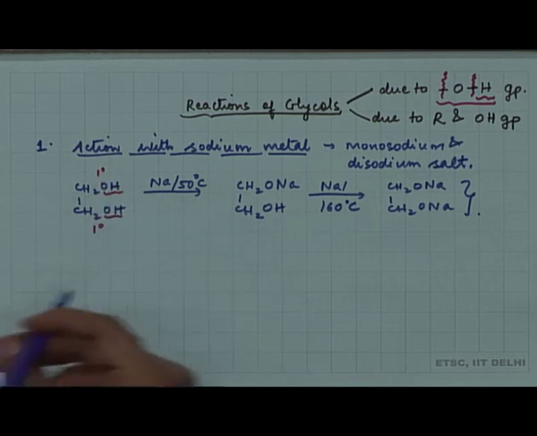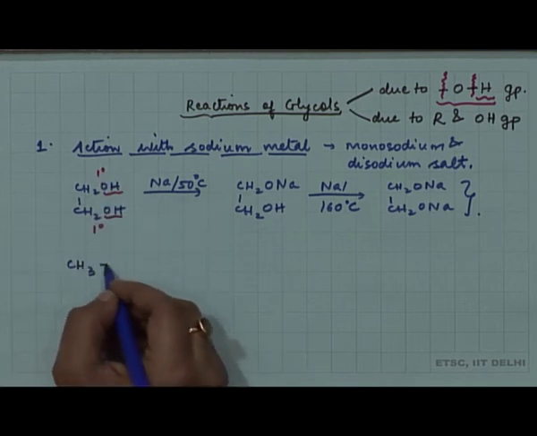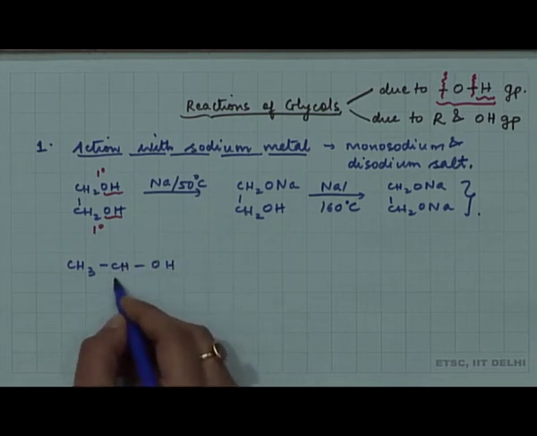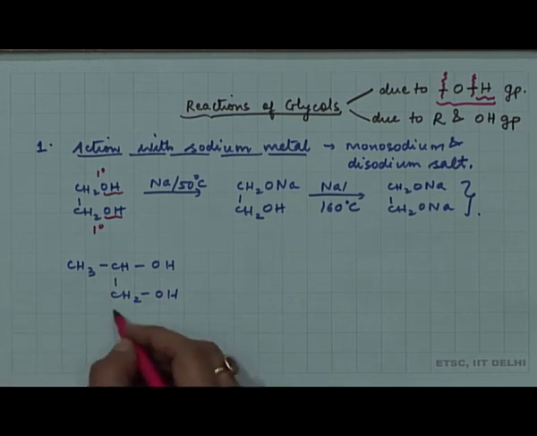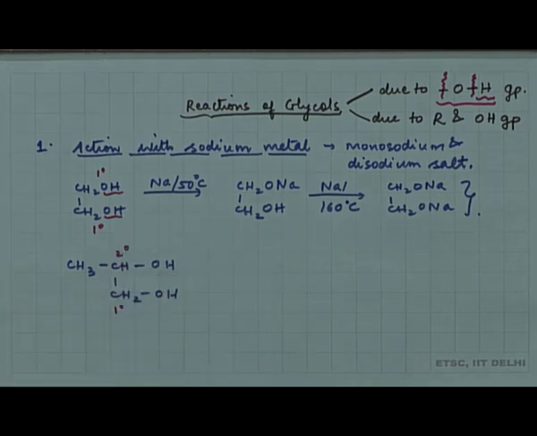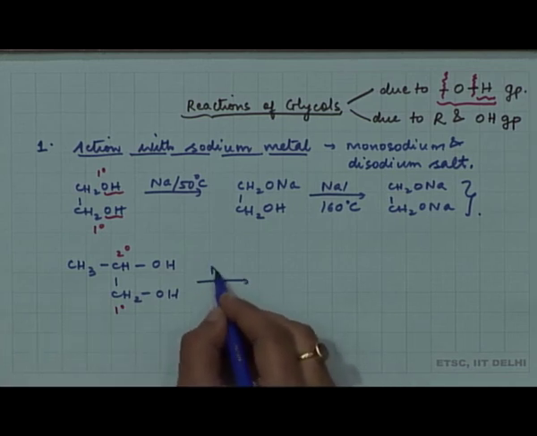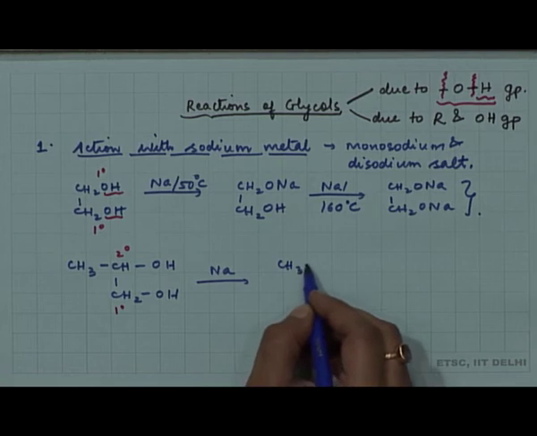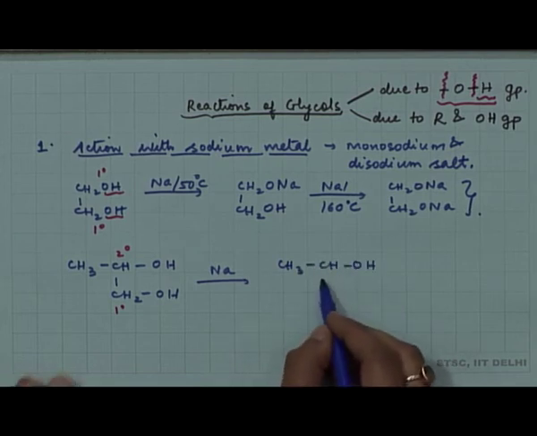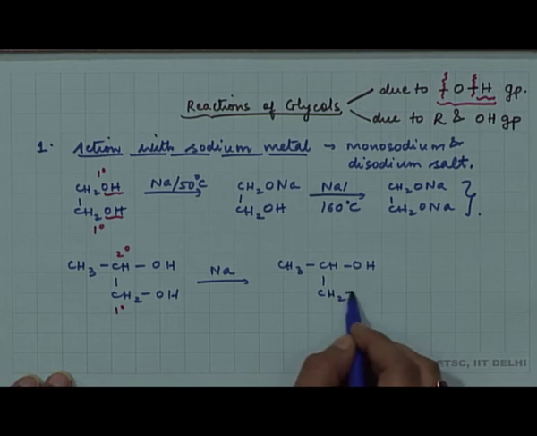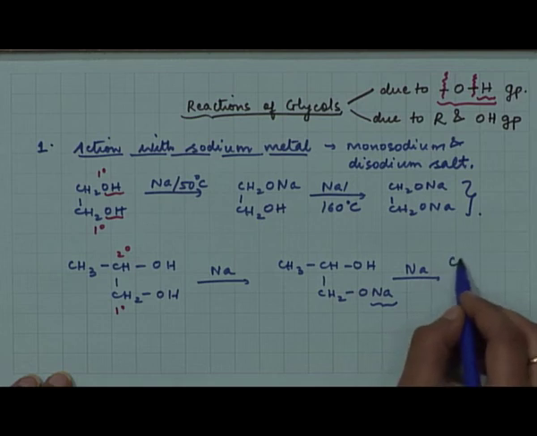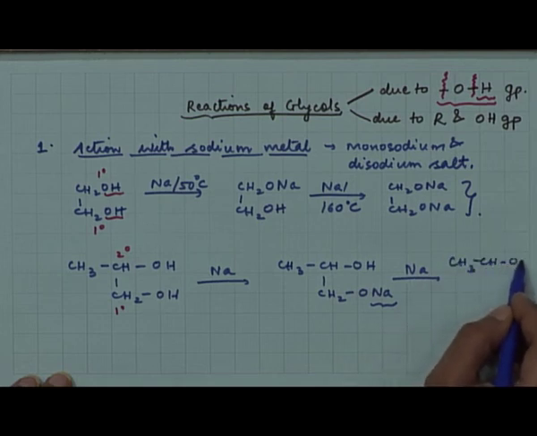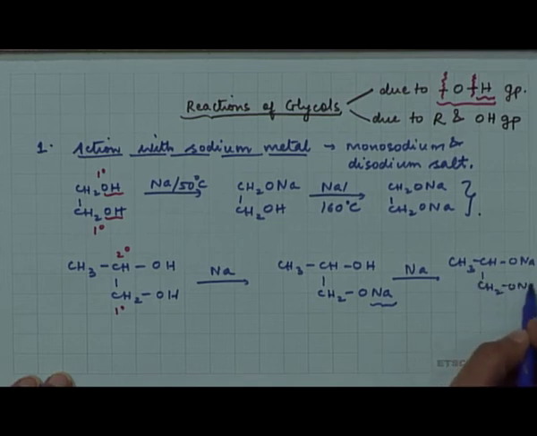If you start with a mixture of a 1 degree and a 2 degree, you will expect some preference of one over the other depending upon the relative acidity of the two hydrogens of the hydroxyl. So, this is a 1 degree and this is a 2 degree. When you do this reaction with the sodium metal, you will expect the primary alcohol OH to get replaced, this being more acidic, as we discussed earlier, and this is followed then by the replacement of the other hydrogen of the secondary alcohol to give you the disodium salt.